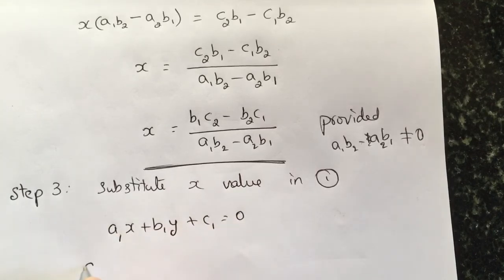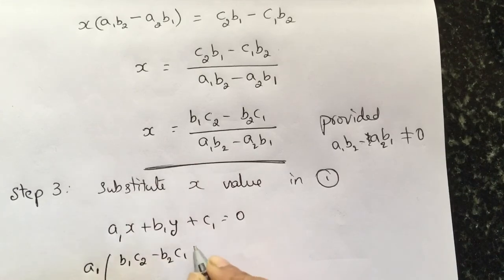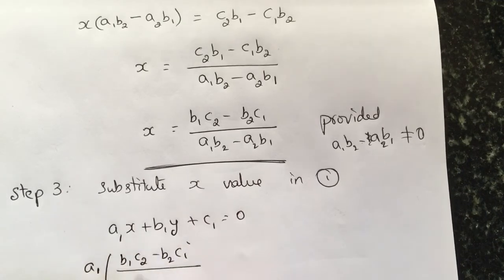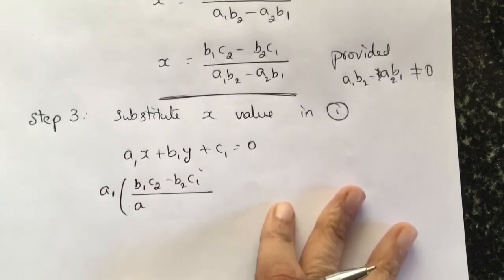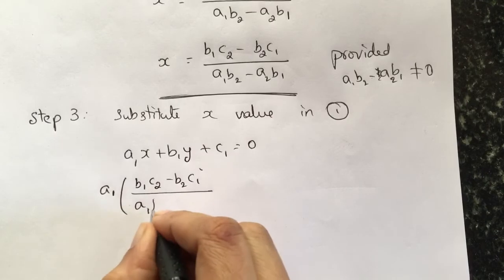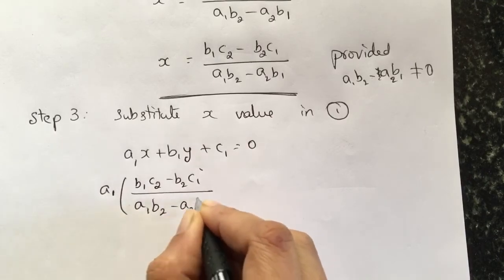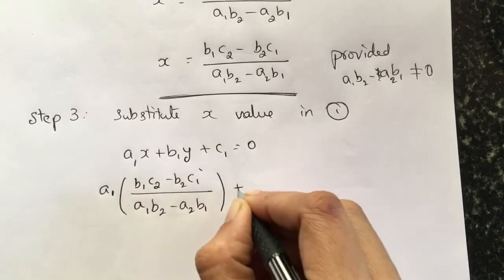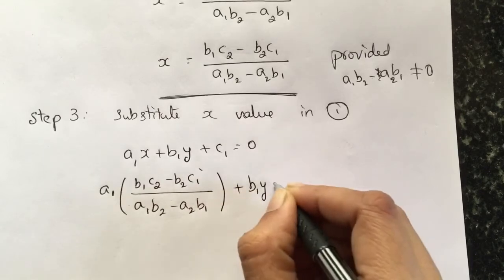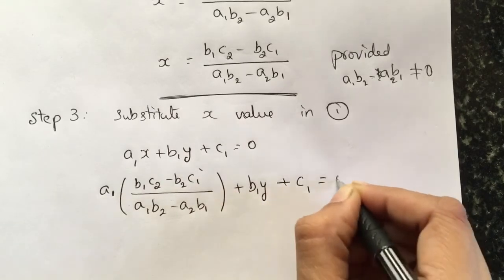The x value I am getting as b1 c2 minus b2 c1 divided by a1 b2 minus a2 b1, plus b1y plus c1 equal to 0.